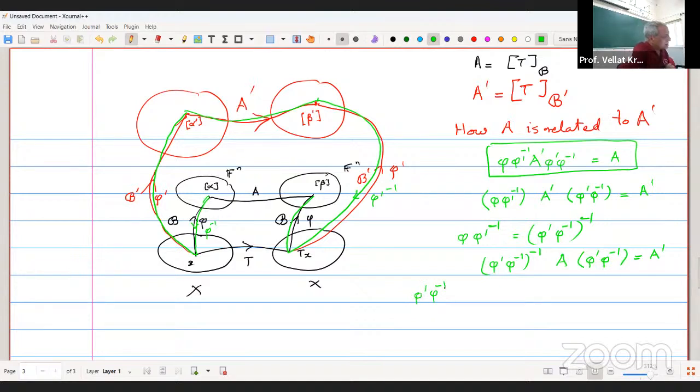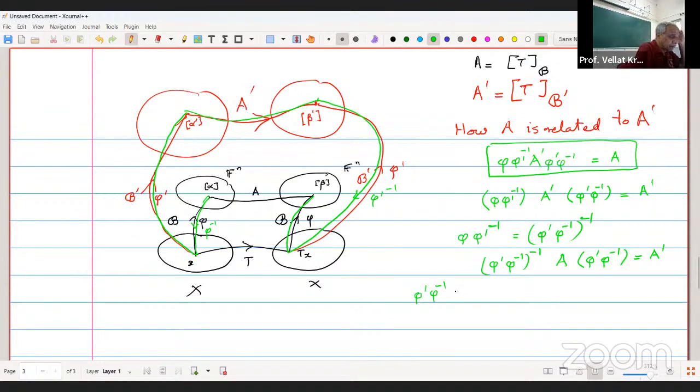Let us work it out. What is phi prime phi inverse? You're first operating with the phi inverse. But what is phi inverse? You are going from here, Fn, to x when you operate with the phi inverse. And then you are applying phi prime.